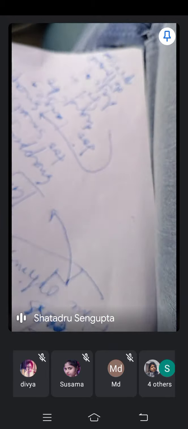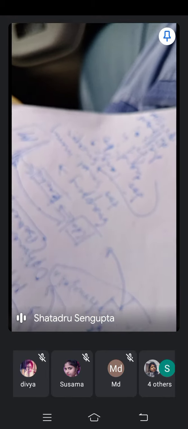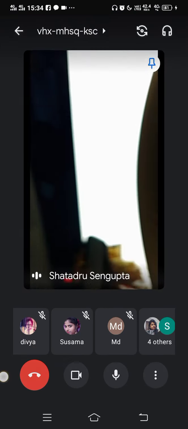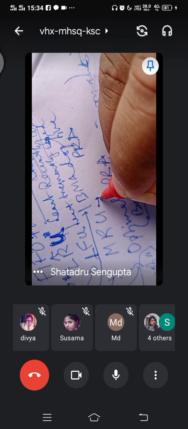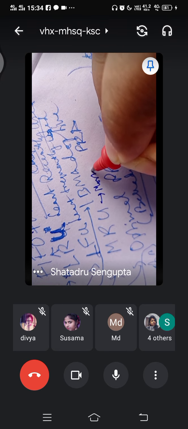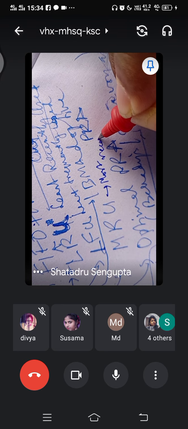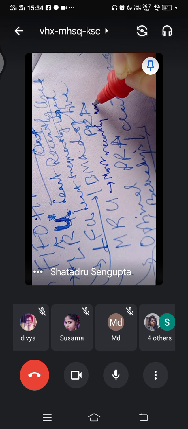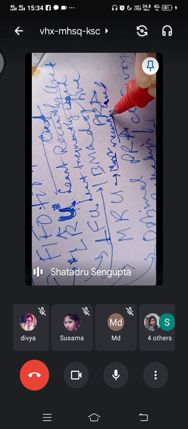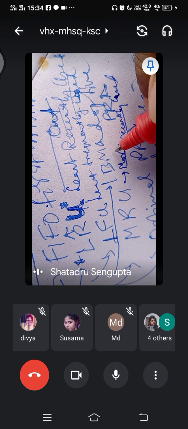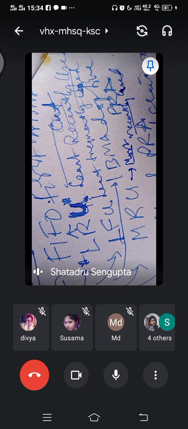If LRU is least recently used, you can understand that MRU is most recently used. Now you may wonder, sir, what is the idea behind this? Why are we going to discard the most recently used?